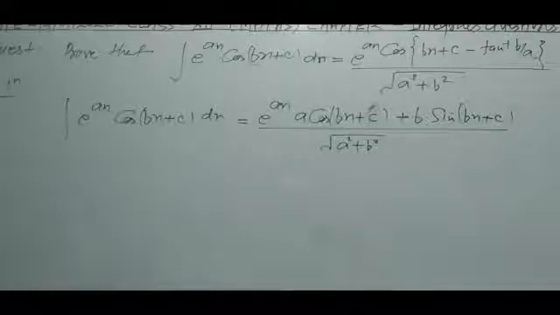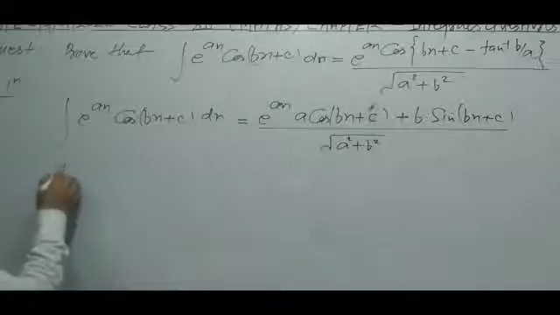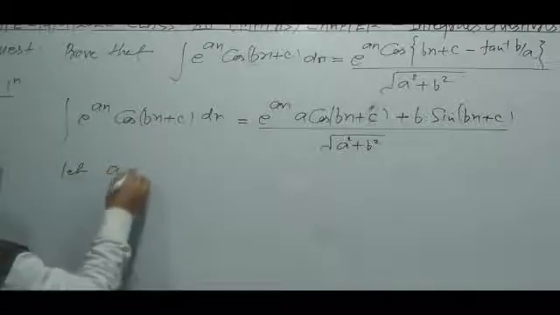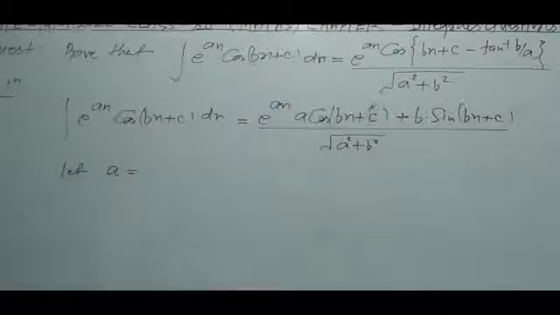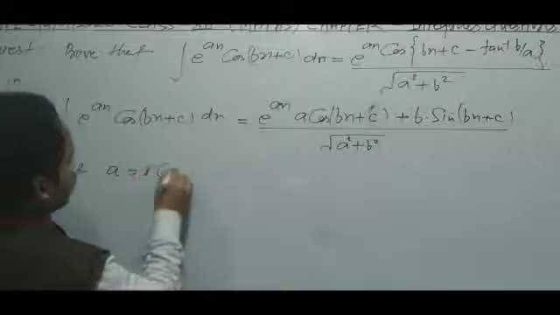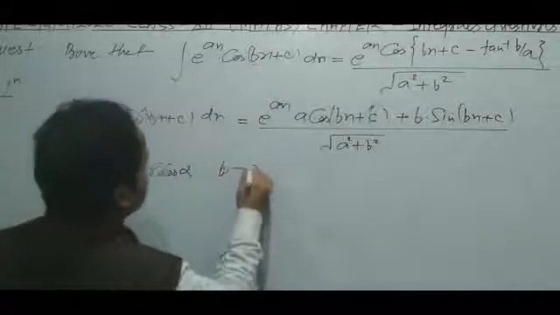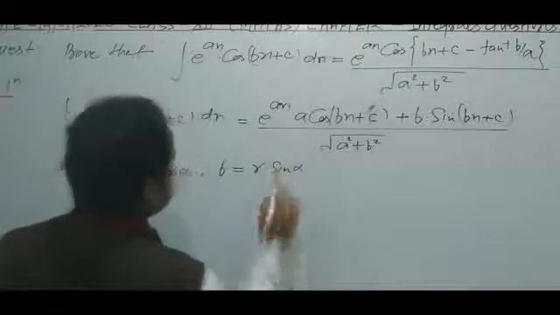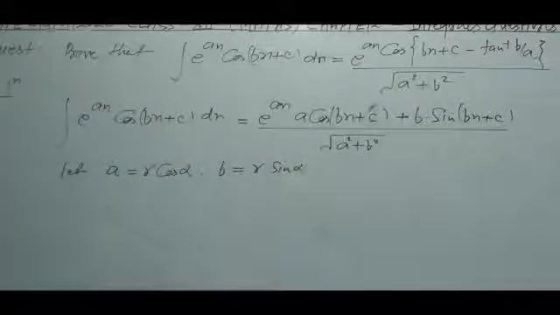Now in this question we are going to consider some part. So what do we have to consider to prove this? Suppose let a is equal to r cos alpha and b is equal to r sin alpha. Now what will be the value of a square plus b square?